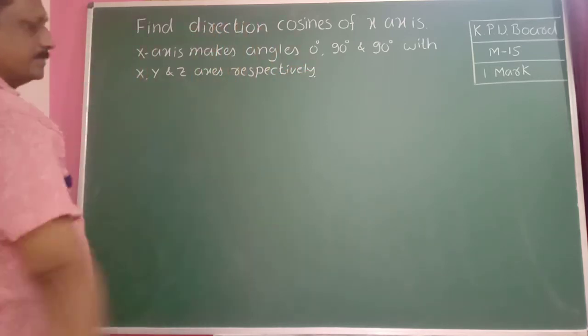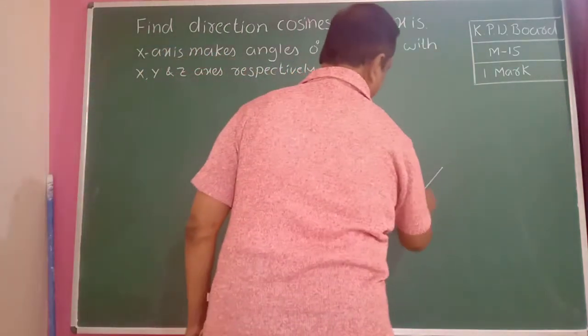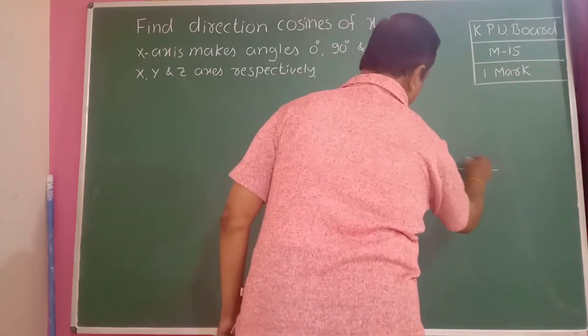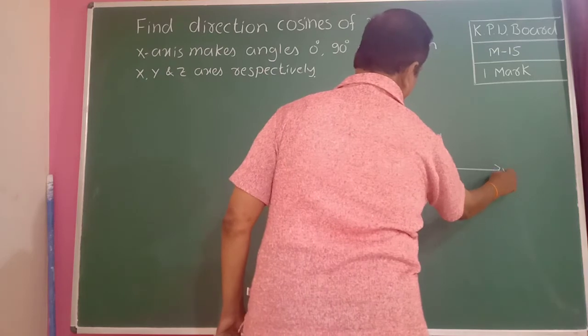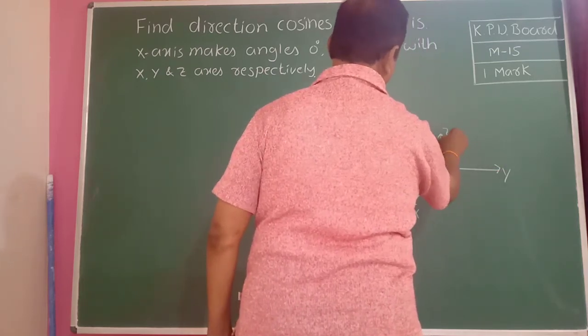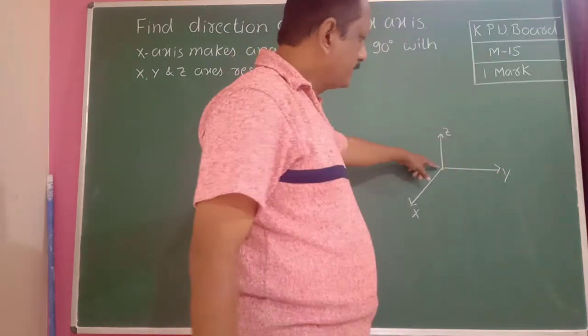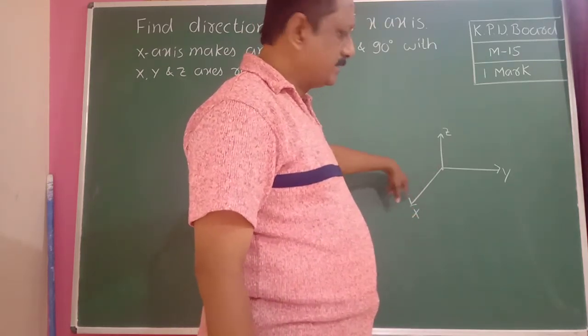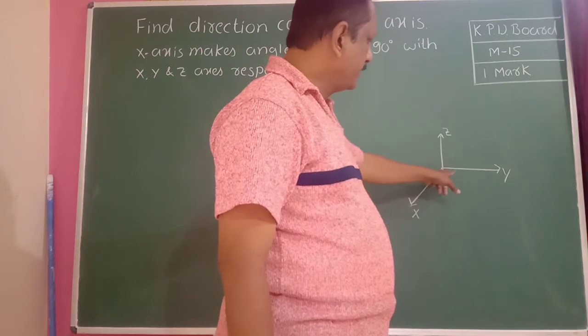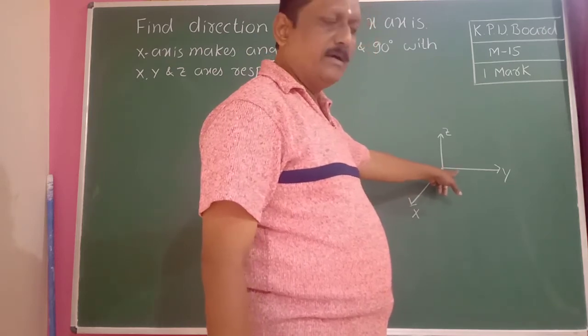So x, y and z axis here. The x axis itself makes angle 0 degree with the x axis only. X axis makes angle 90 degree with the y axis.